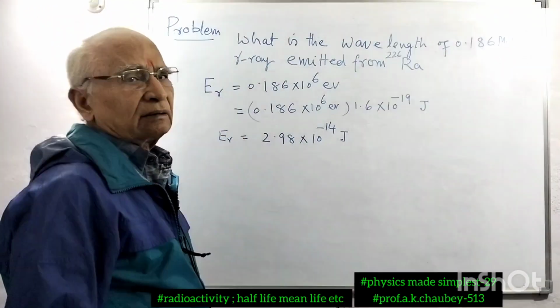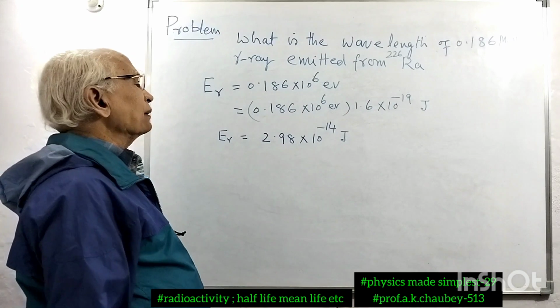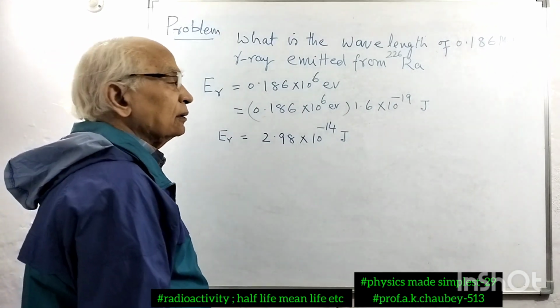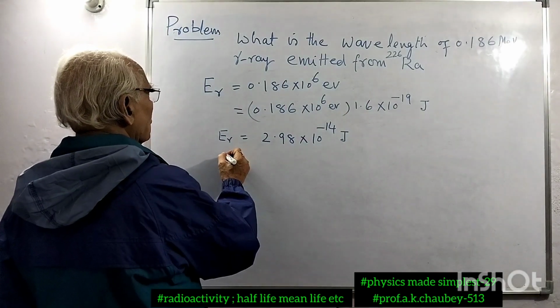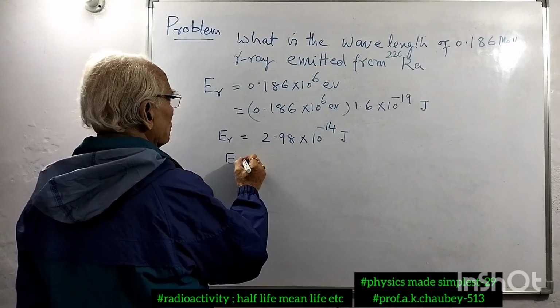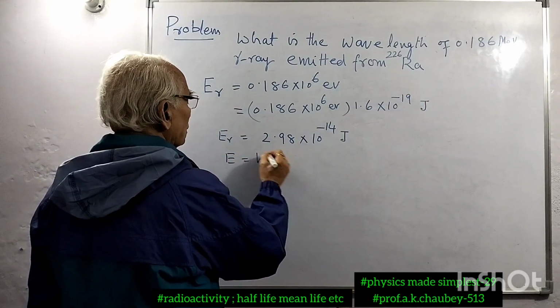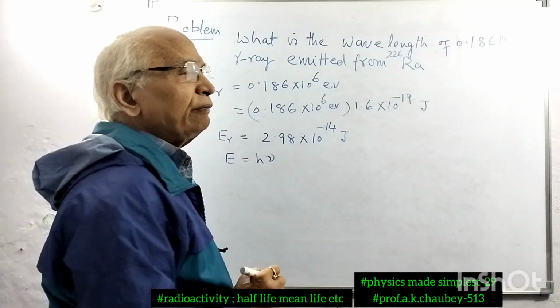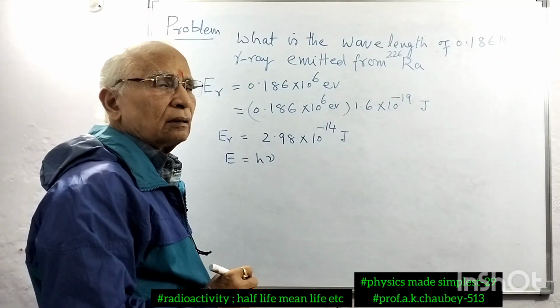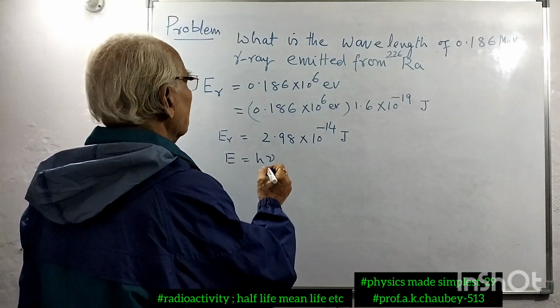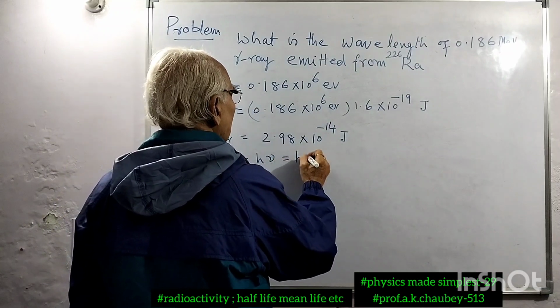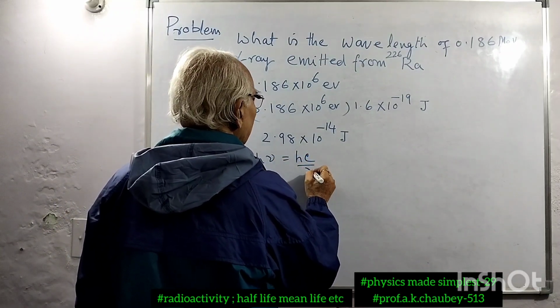Now what is the wavelength? What is the relation of wavelength and energy? You know, E is equal to h nu. With the frequency and velocity relation, E is h c over lambda.